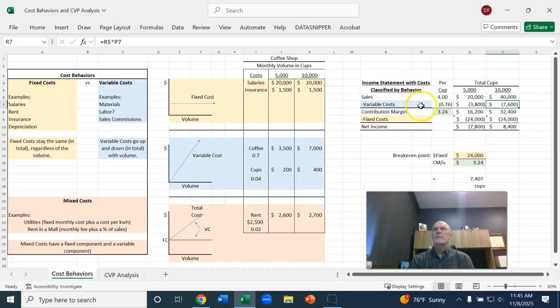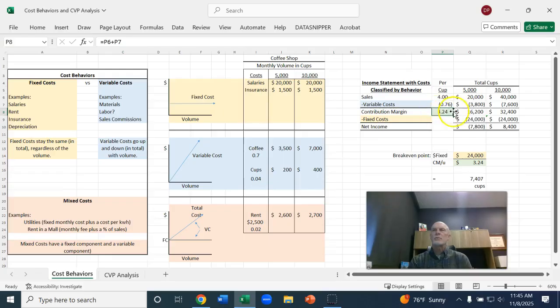If you subtract the variable cost per unit from the sales price, that gives us what we call our contribution margin per unit. That means that every cup of coffee is contributing $3.24 to help us pay our fixed cost, and then after that, that would be a contribution to profit.